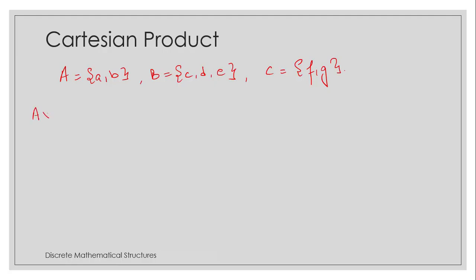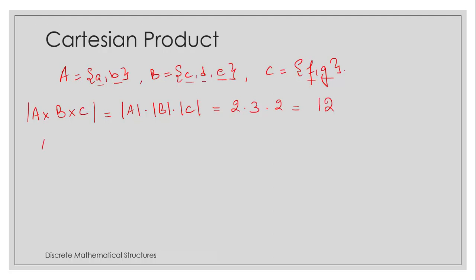Now in this case, number of elements in cross product A cross B cross C will be cardinality of A into cardinality of B into cardinality of C. Now cardinality of A is 2 into cardinality of B is 3 into cardinality of C, which is 2. So the answer is 12.